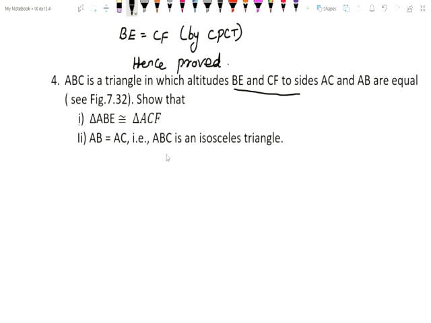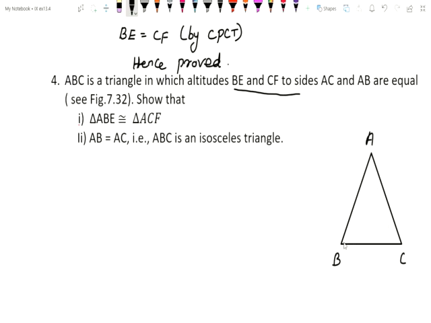That is, ABC is an isosceles triangle. Let's draw the diagram. Triangle ABC is a triangle in which altitudes BE and CF. First naming it ABC, and altitudes BE and CF to sides AC and AB.